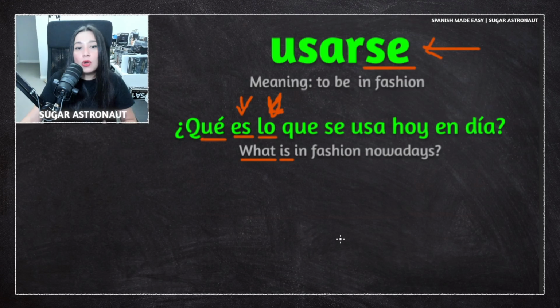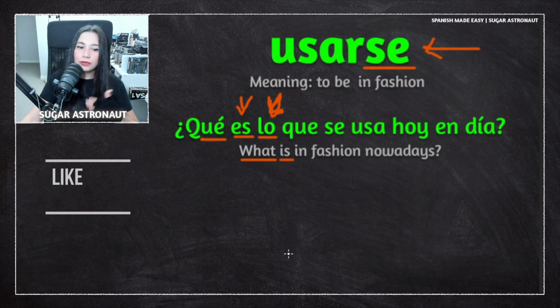¿Qué es lo que te gusta? What do you like? You're not saying it, which lo means, but in Spanish you need it. ¿Qué es lo que quieres? What do you want? You could say ¿qué quieres?, but you can also say ¿qué es lo que quieres?